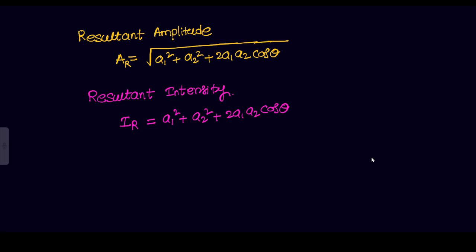So these two formulas are very important. This resultant intensity we can write as I1, the intensity of the first wave, plus I2, the intensity of the second wave, plus 2 root I1 I2 into cos theta.